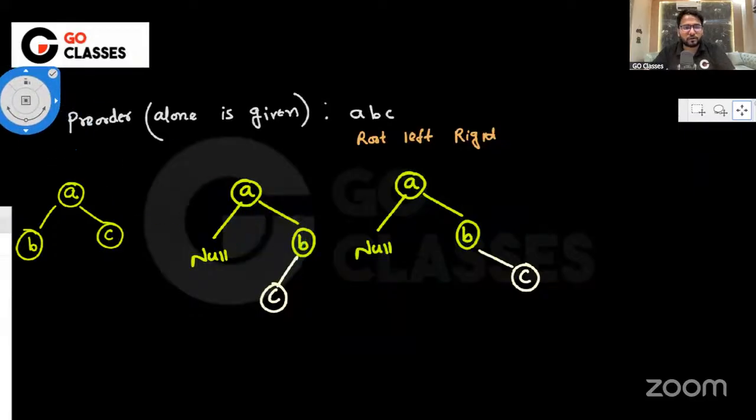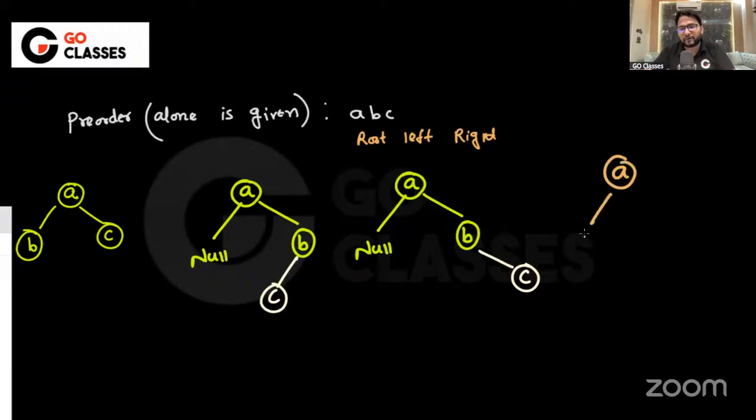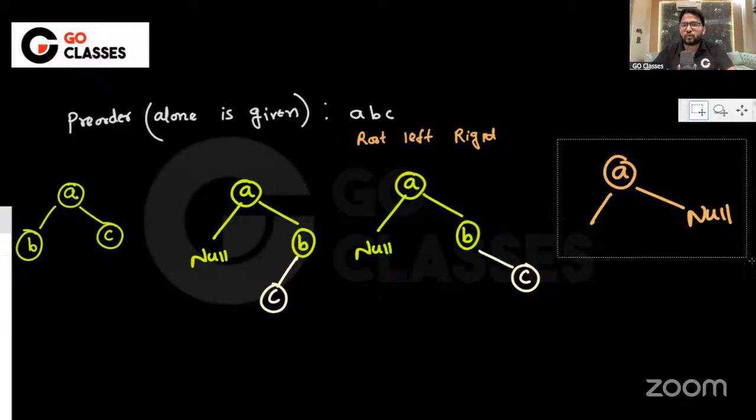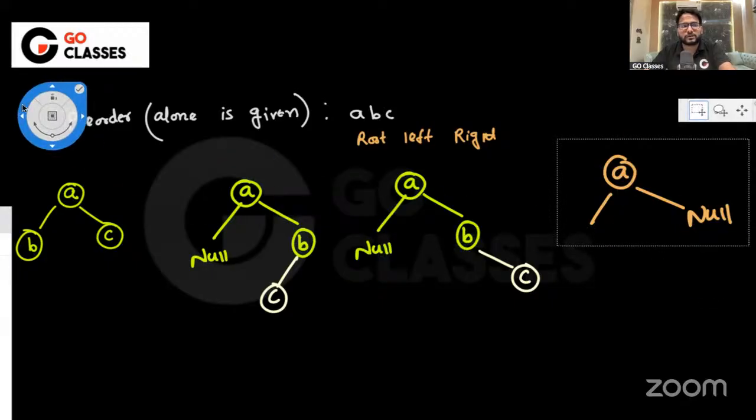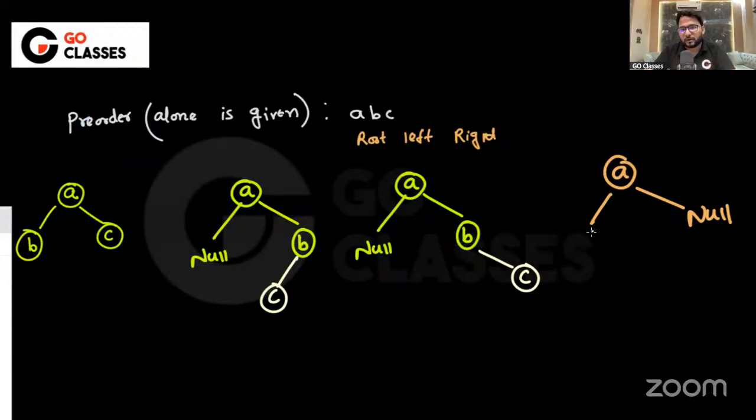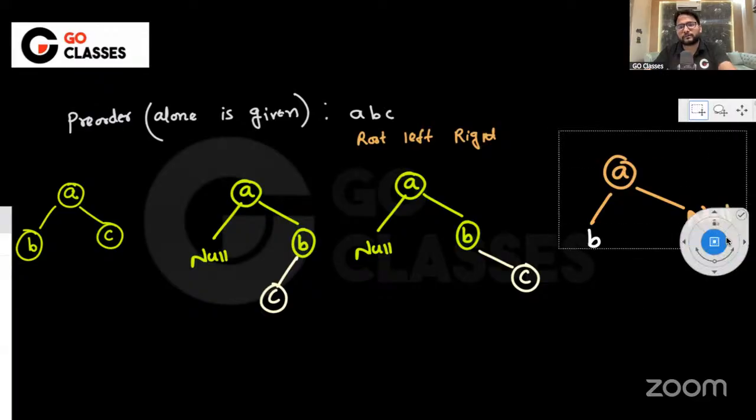And the same thing you can do for the left, which means that A is there, on the left BC is there, on the right there is nothing, so on the right there is null. Now among this BC also there are two possibilities. So basically you will be writing B anyway, right? Now the C could be on the left or it could be on the right.